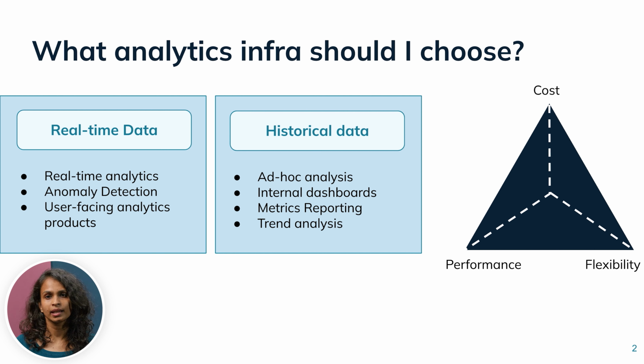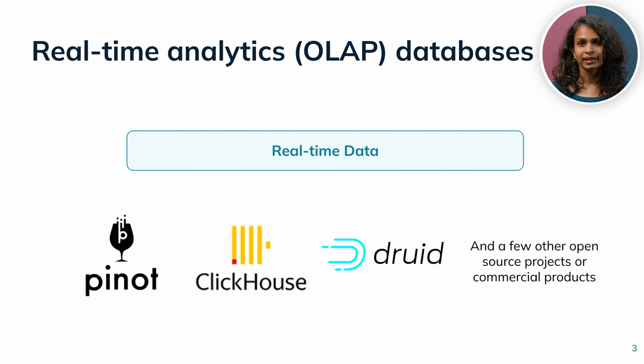Now, for serving real-time data and user-facing analytics, you will typically pick a system like Apache Pinot. There's also other open source as well as proprietary systems which can help serve real-time data, such as Druid or ClickHouse. Why are these systems able to support real-time low-latency analytics? One of the main reasons is because they have tightly coupled storage and compute.